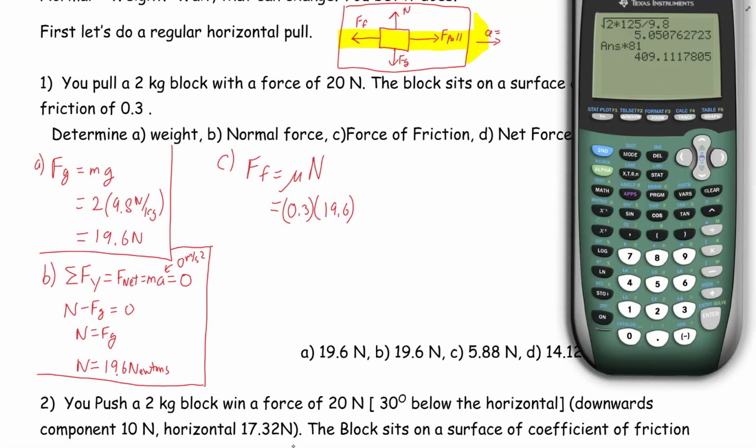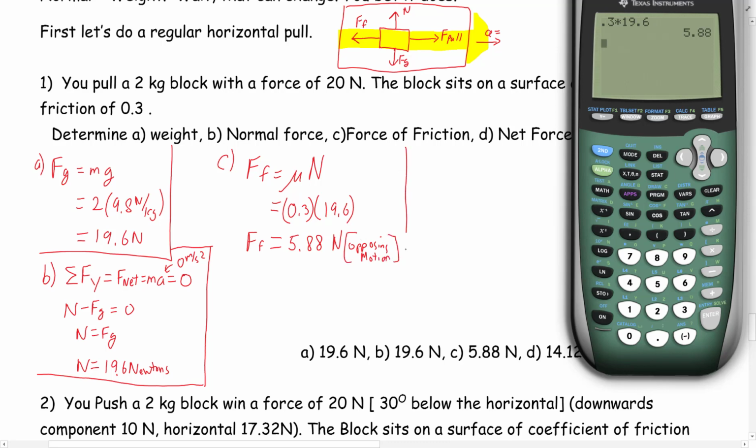So 0.3 times 19.6 will be 5.88. And the direction of that will be opposing motion. That's what friction does.